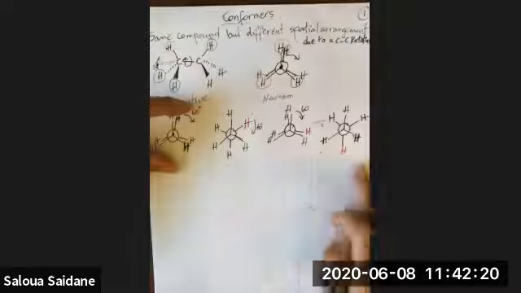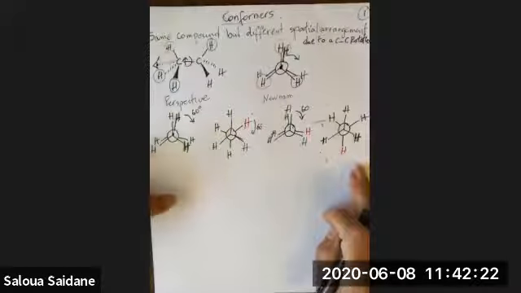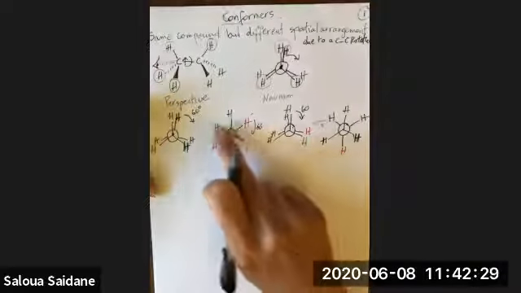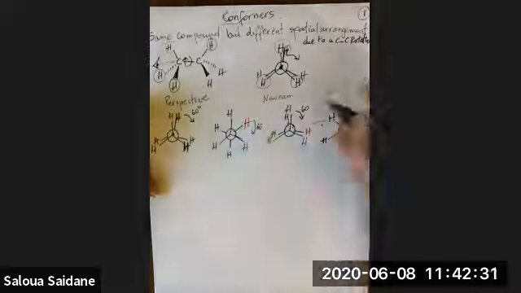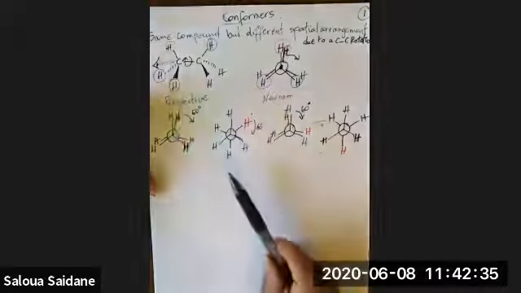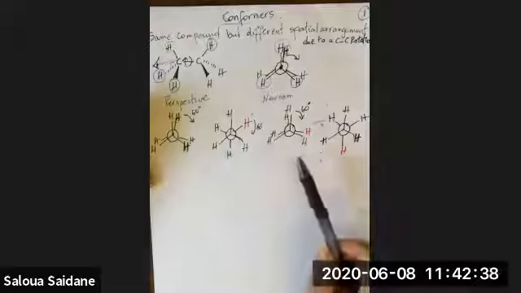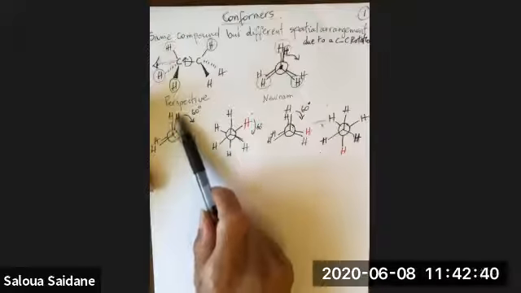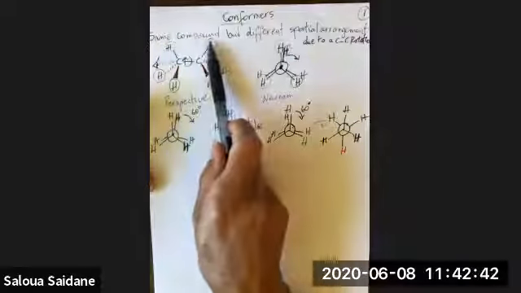So all of these are considered conformers. What happened is we have the same molecule, but the only difference is what happened as a result of a rotation around the C-C bond. Now it is obvious that these two hydrogens are behind each other.